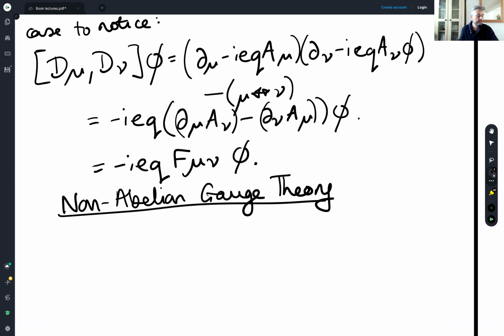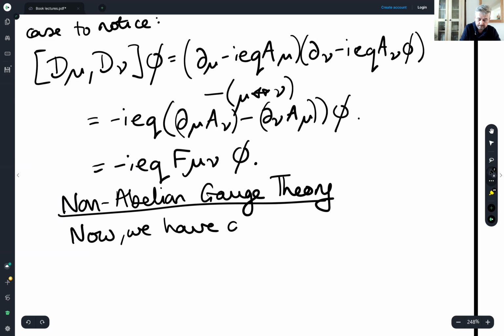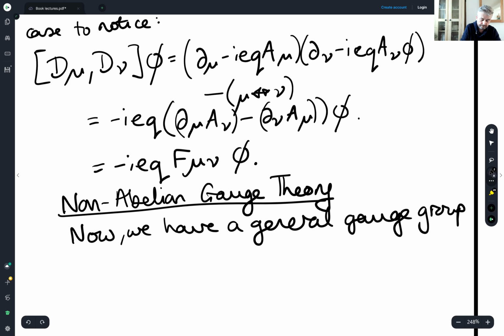So the simplest thing to do is to put a scalar in the fundamental representation space. So we have a general gauge group G, fixed to U(N) or some subgroup of it.